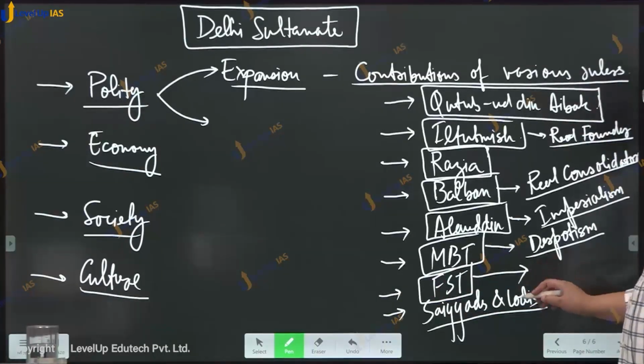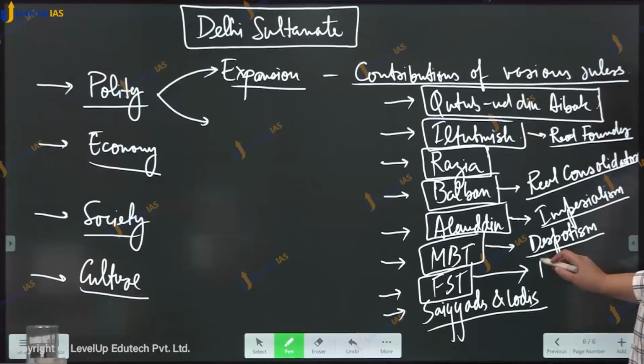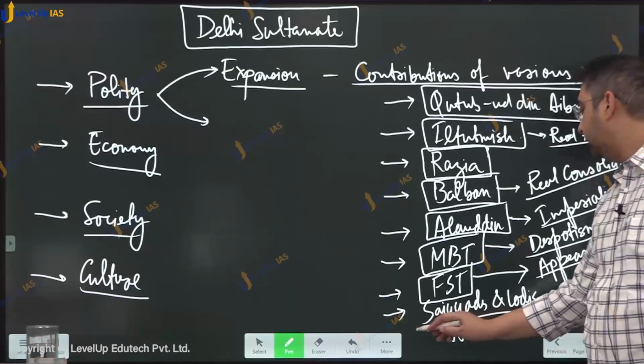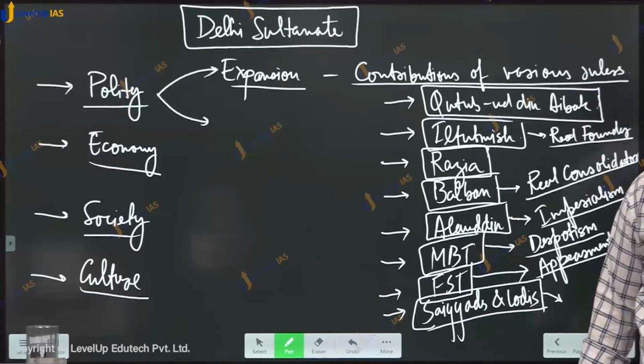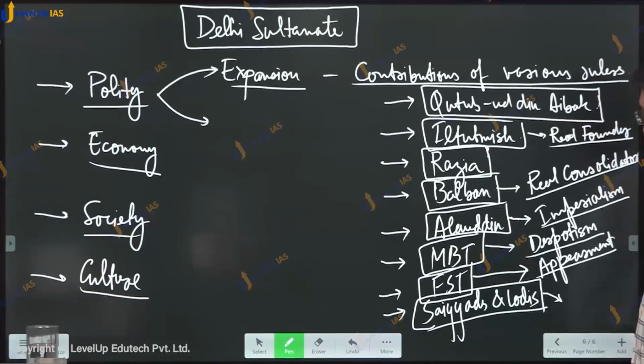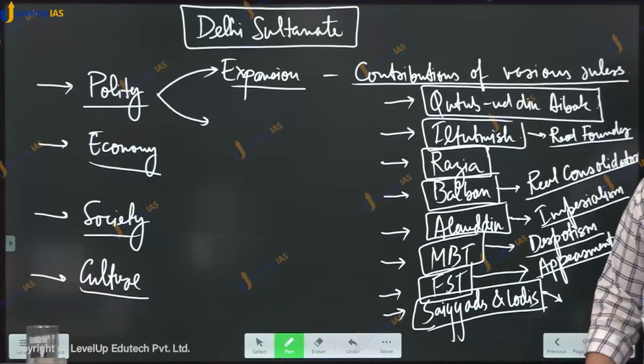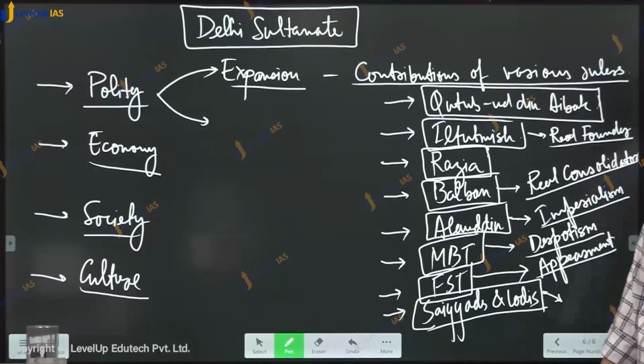Feroz Shah Tughlaq was most famous for his policy of appeasement, while the Sayyids and Lodhis witnessed the decline of the crown's prestige and power with the onset of new versions of the theory of kingship.